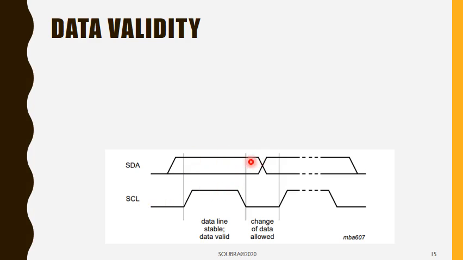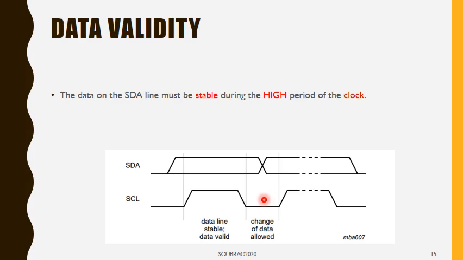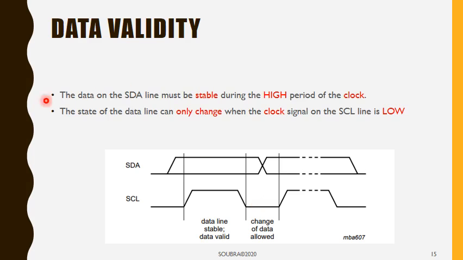It is only allowed to change, from 1 to 0 or 0 to 1, when I have a low state at the SCL line. Fair enough? So let's see the text. This is exactly what I said: the SDA line is stable, either 1 or 0, doesn't really matter, during the high period of the clock, and the change can only happen whenever my clock is low.